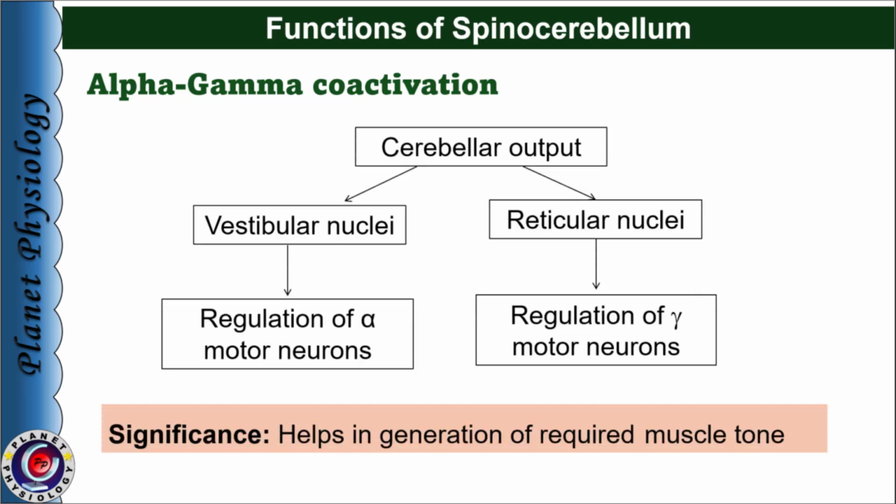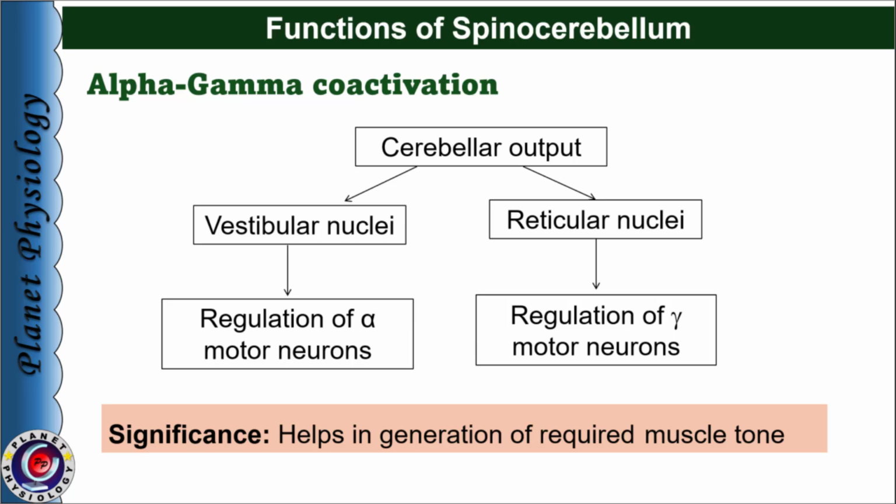This is achieved through its regulation of the vestibulospinal tract, which influences alpha motor neurons, and the reticulospinal tracts, which control gamma motor neurons. This precise alpha-gamma coactivation is essential for maintaining muscle tone and proprioceptive feedback even during active muscle contractions.